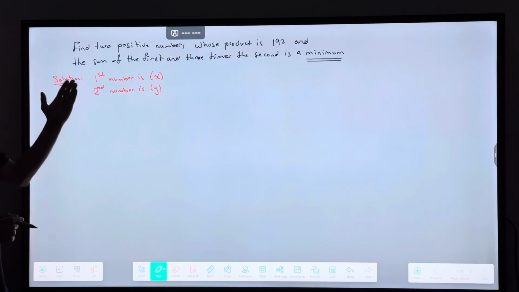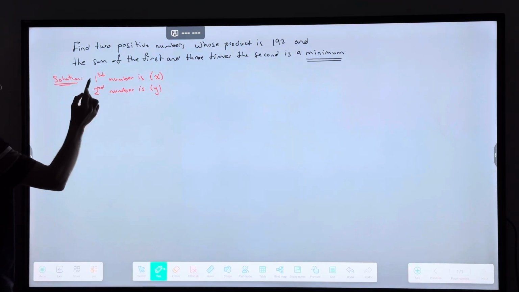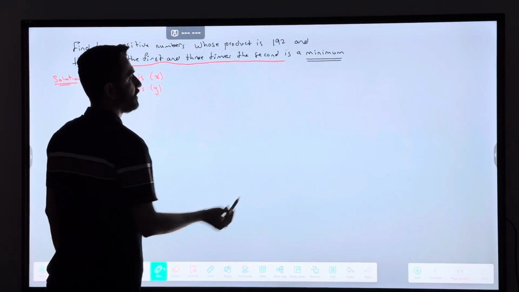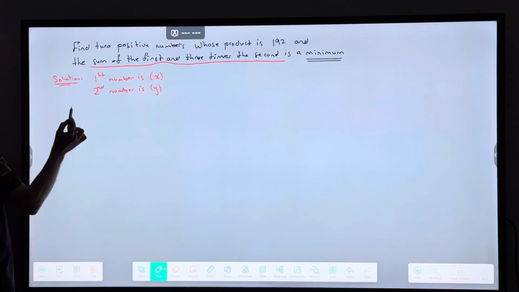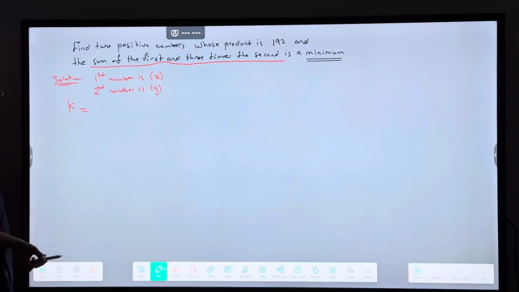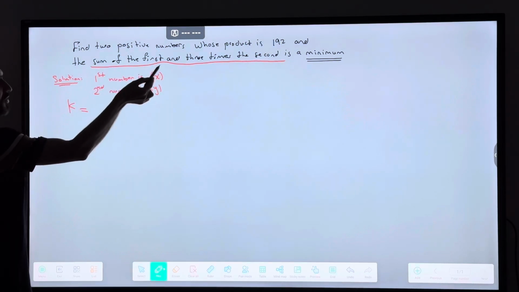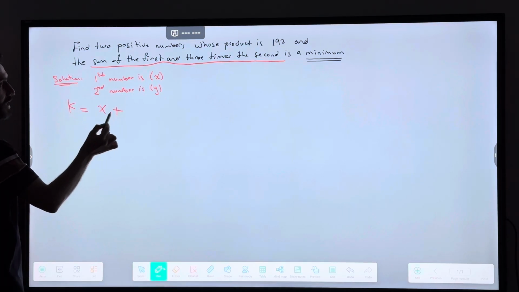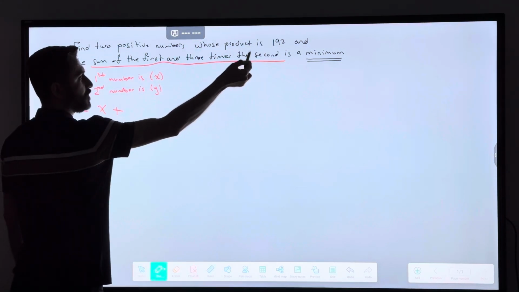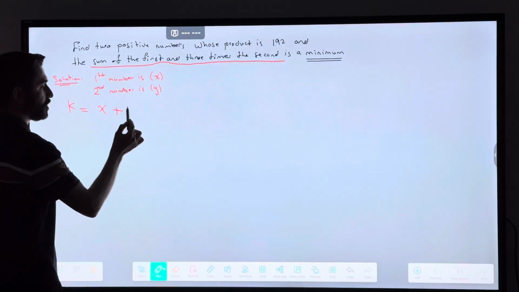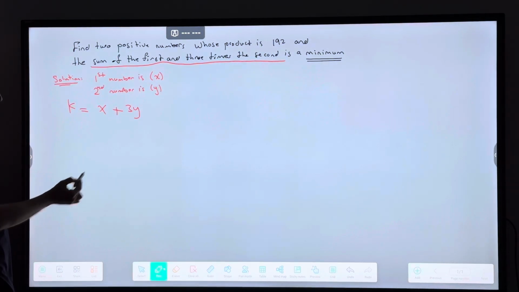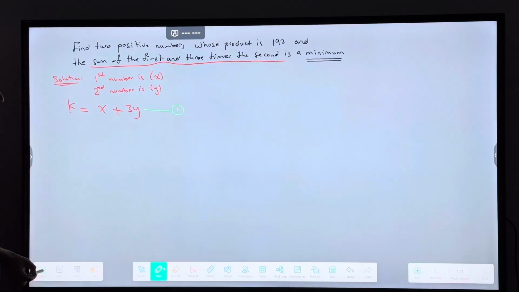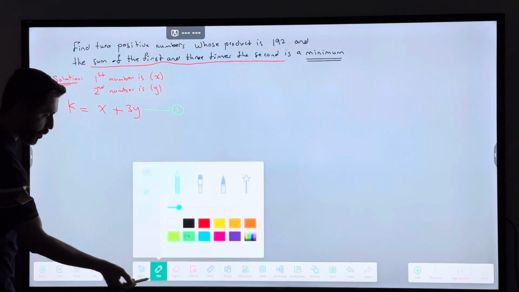Now, the primary equation is the sum of the first and 3 times the second. We use k for this primary equation: the first is x and 3 times the second is 3y. So k equals x plus 3y. This is the primary equation.